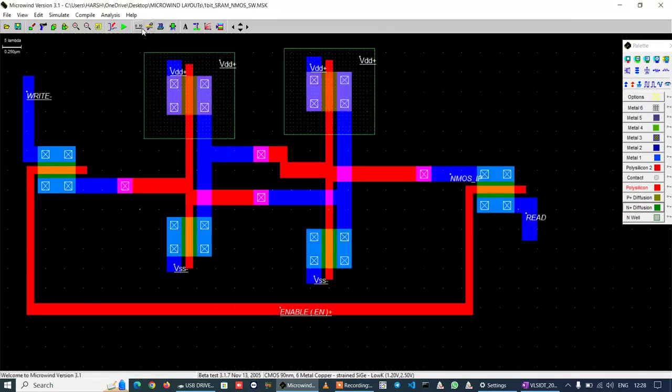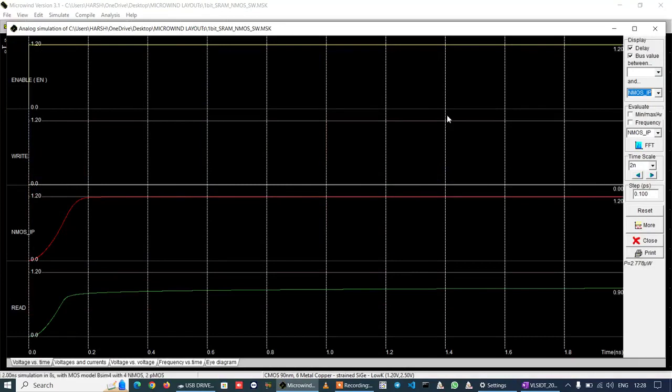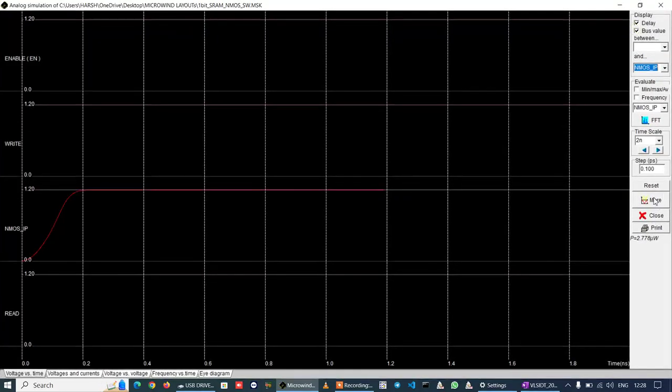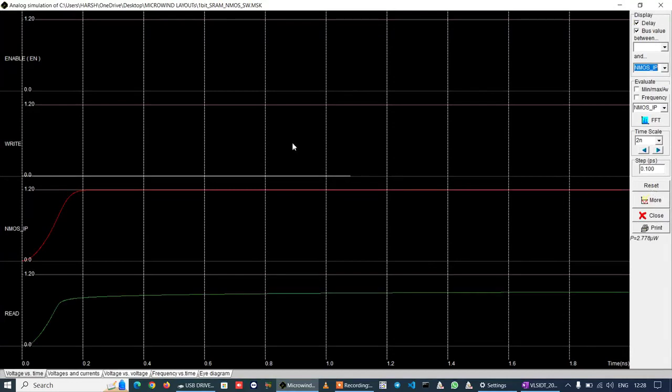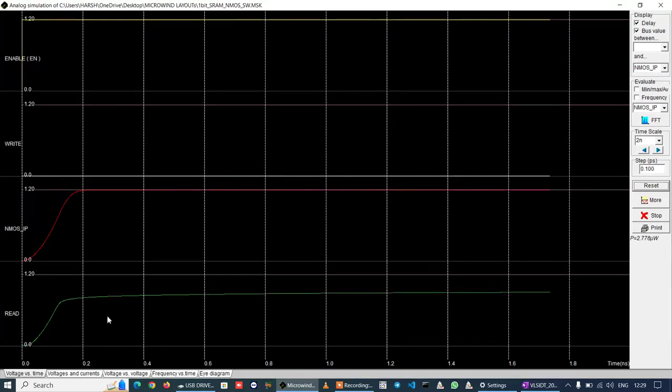For enable equal to 1 and write equal to 0, so we see here for enable equal to 1, write equal to 0, we get read equal to weak 1.